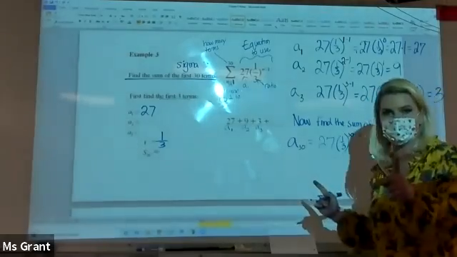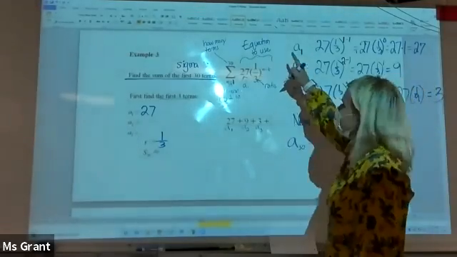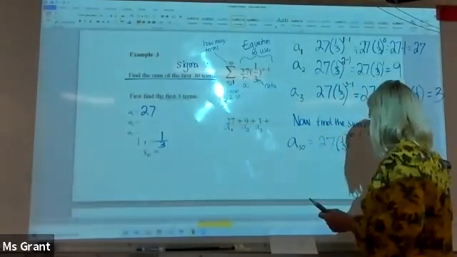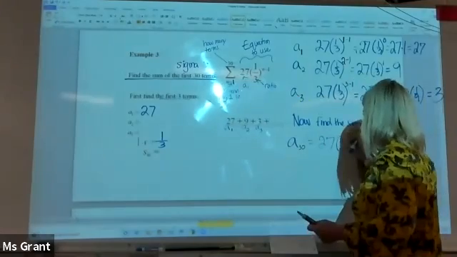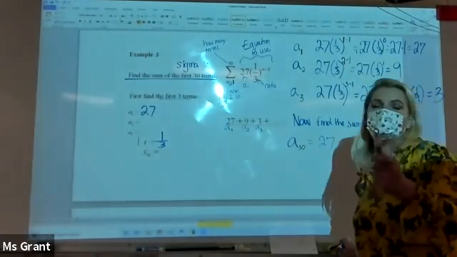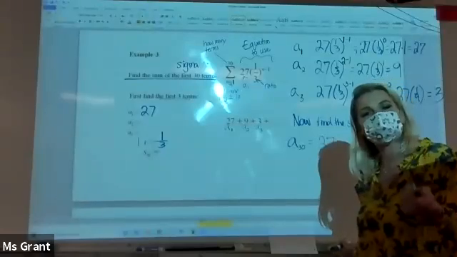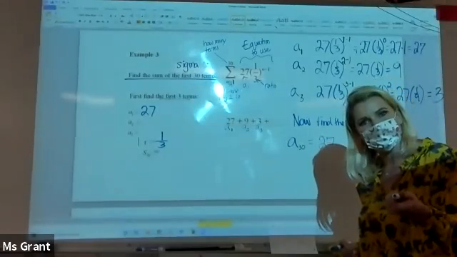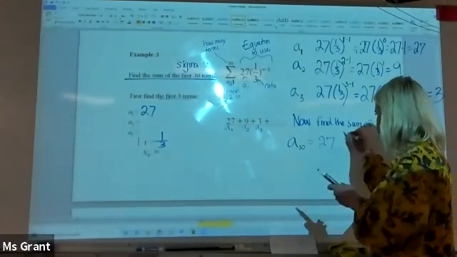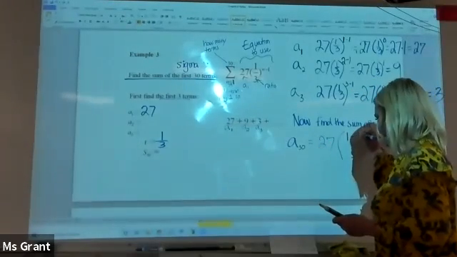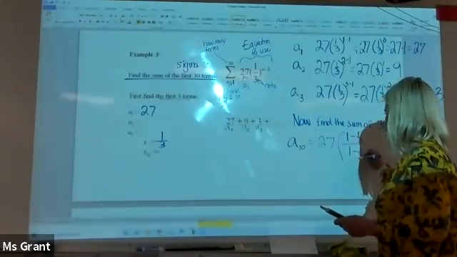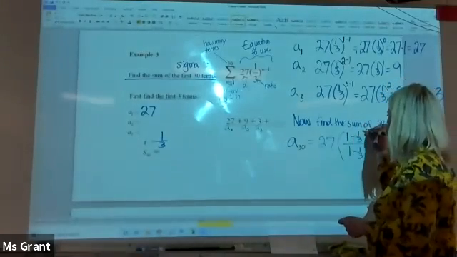Hold on. Sum formula. It's on the top of your paper, right? Hold on. Okay. I don't want to know what the 30th term is. I want to use my sum formula to find all of them added up. 27 times 1 minus 1/3 over 1 minus 1/3, but this one's to the 30th.